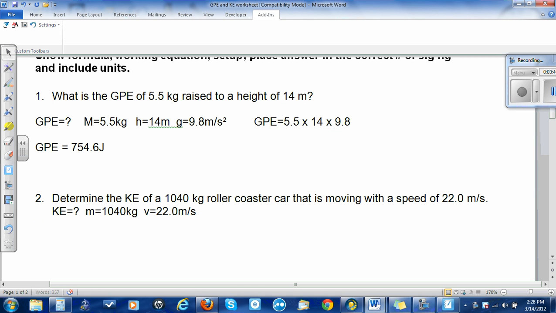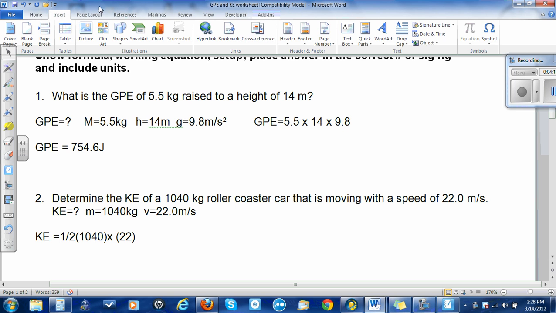Okay, plugging it into our formula, KE equals 1/2 times M, which is 1040, times 22 squared.